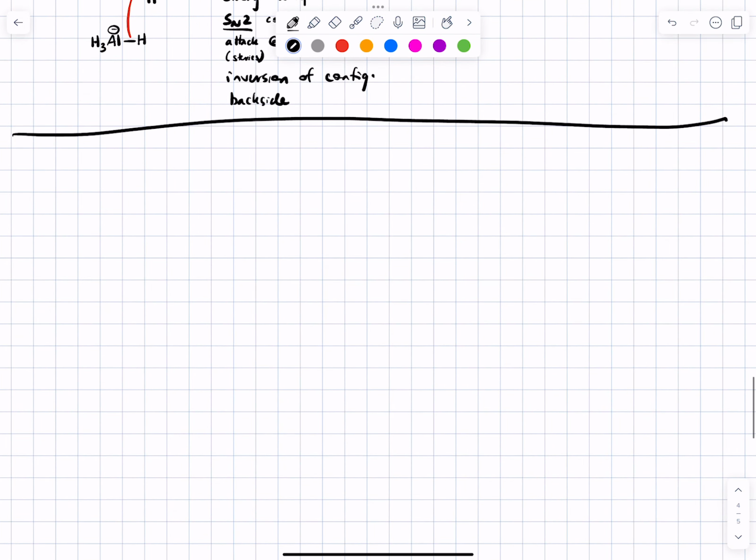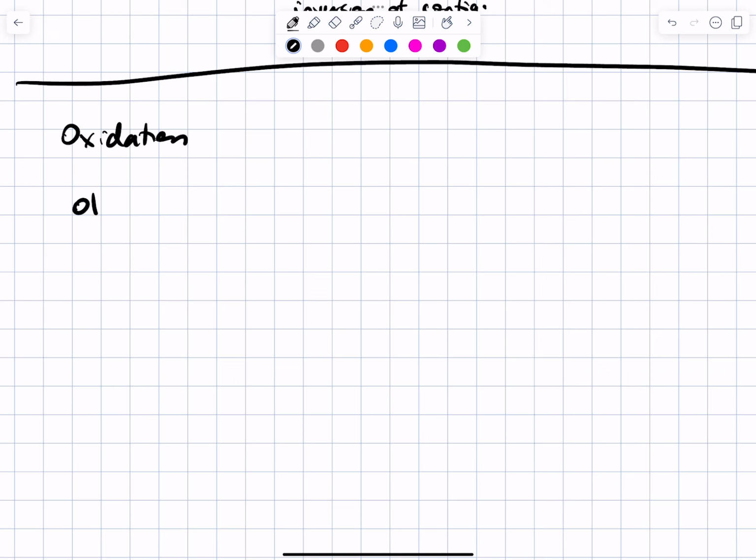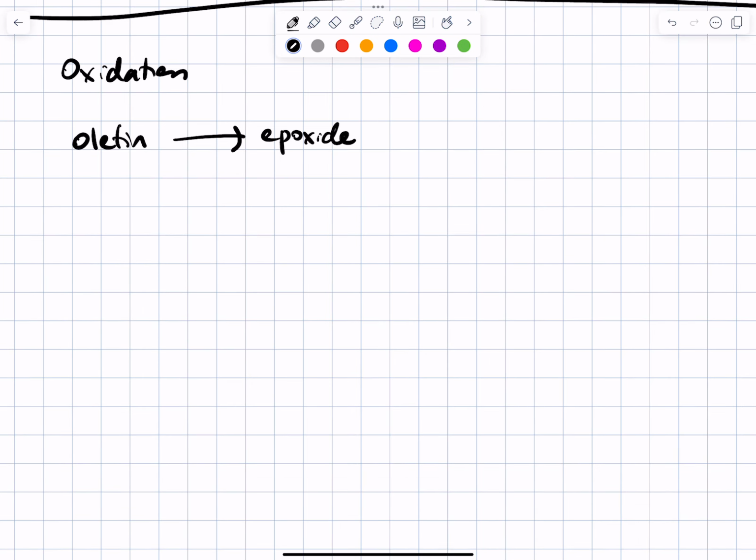so let's talk oxidation. And our first oxidation reaction is going to be going from an olefin to an epoxide. So we've done an example of this before. Here is an alkene. Here are the conditions for halohydrin formation. Notice that halohydrin formation is an oxidation reaction because we're increasing the number of carbon heteroatom bonds.